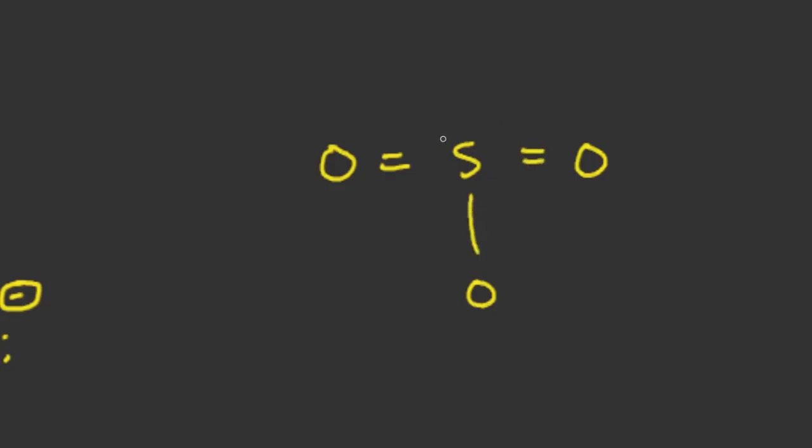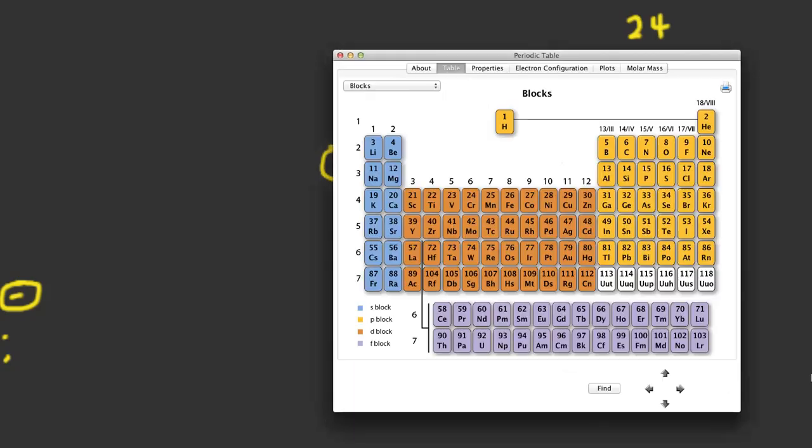In this scenario, we still have the 24 electrons. Now I have minus 2, 4, 6, 8, 10 electrons. Notice I do have more than the octet in the central atom because sulfur is on the third row, so it has access to the d orbitals and therefore can get larger.